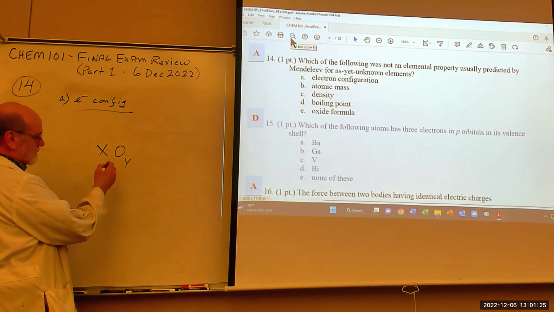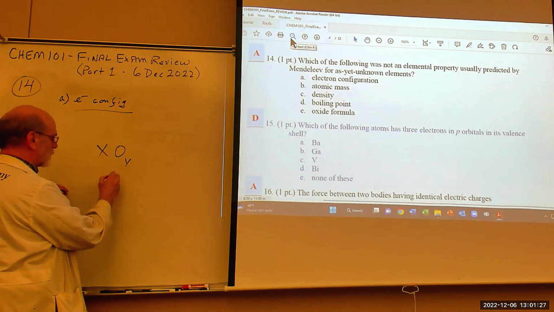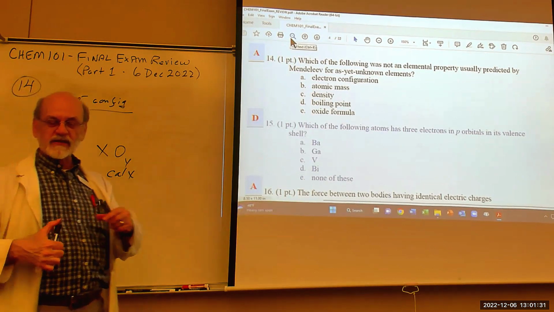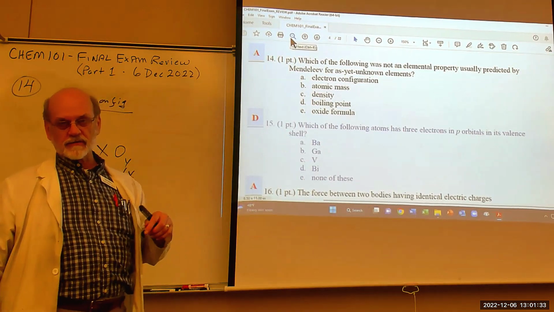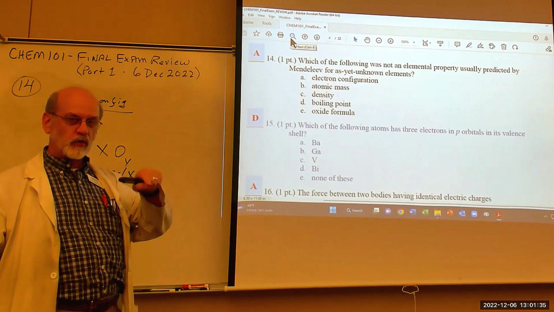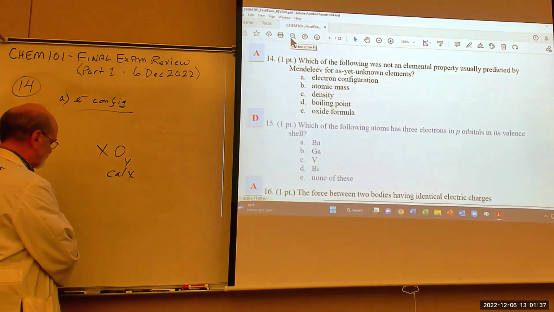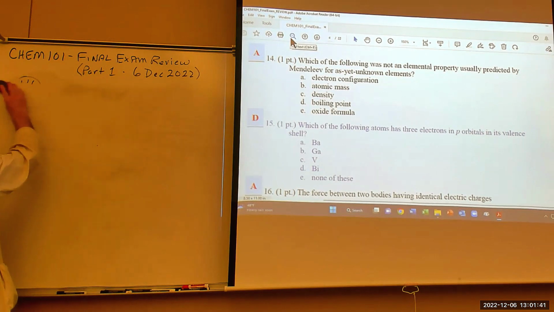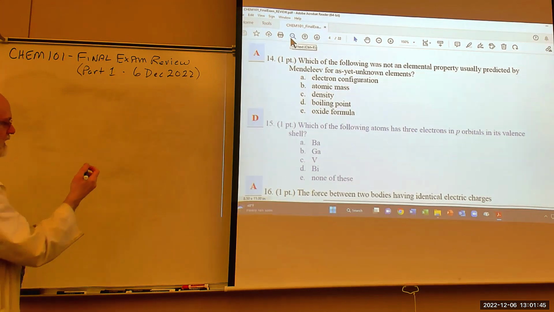And these compounds were called calx. That's where we get the term chalcogens for all the members of the oxygen group. All right, 14. That first one was the wrong one. 15.